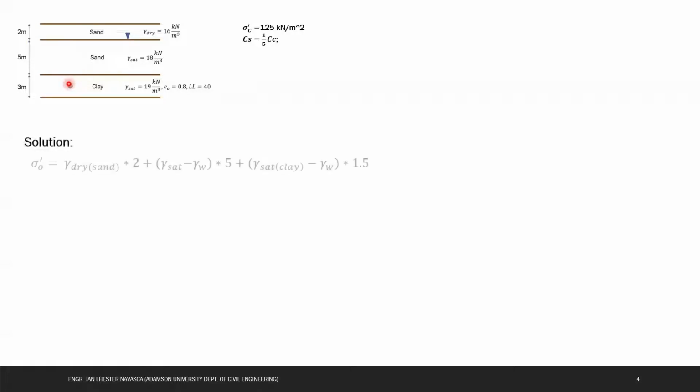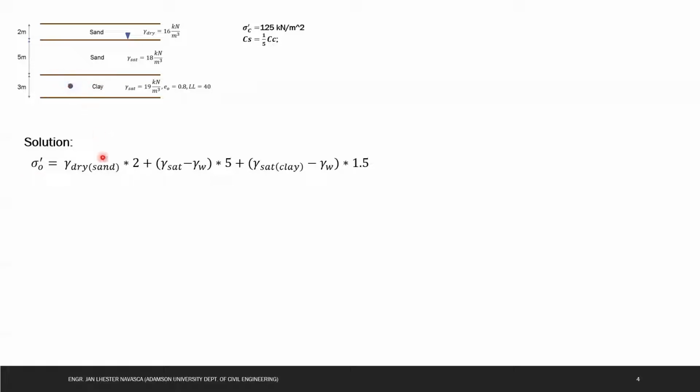For our problem, we need to find the consolidation of our clay layer. So we need to solve first the effective stress at the mid portion of the clay, at this location.